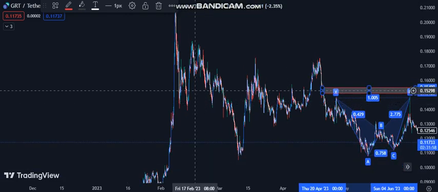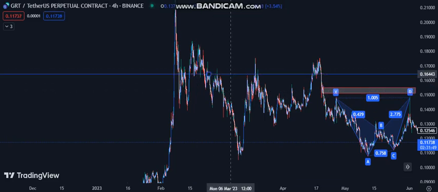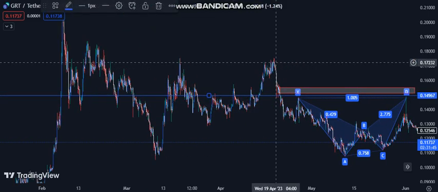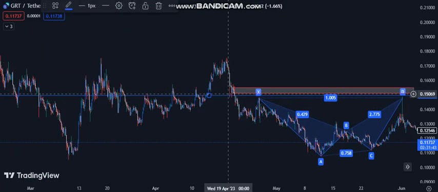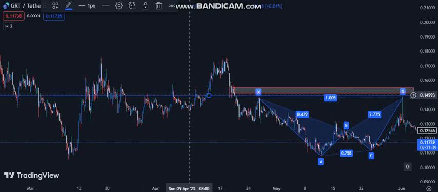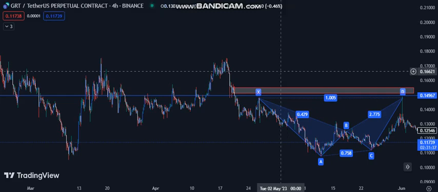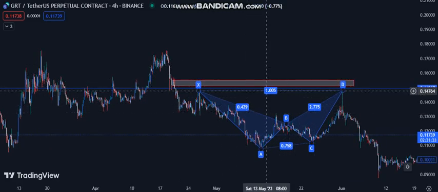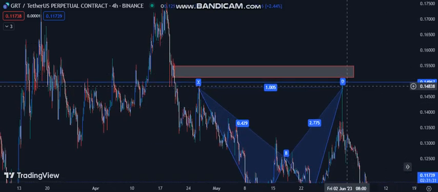Plus it's some kind of resistance here, you can see. If you see here, the price coming up here and extending, going out, rejection. So I have two confluences: an order block plus resistance. So this order block is validated.